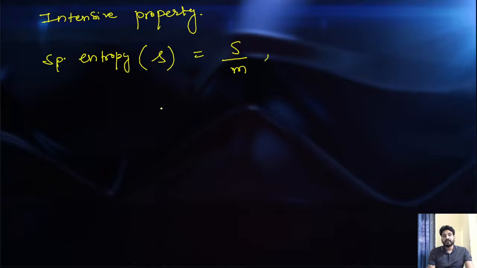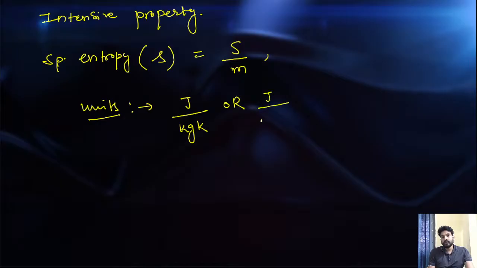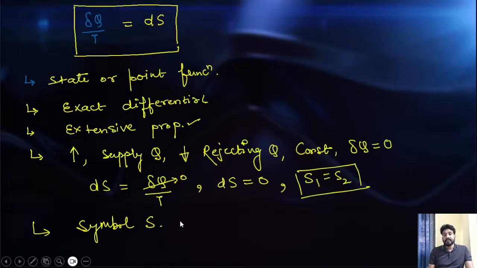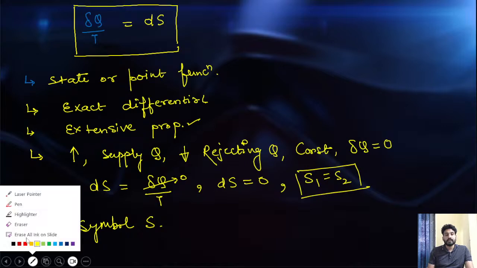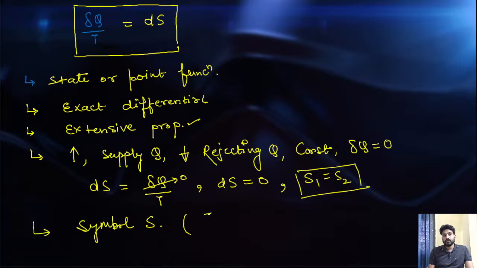And its units are, if it is entropy per mass, then it is joule per kg per Kelvin, or joule per mole per Kelvin. Okay, and for capital S the unit is joule per Kelvin.